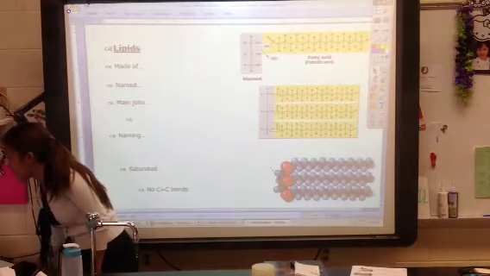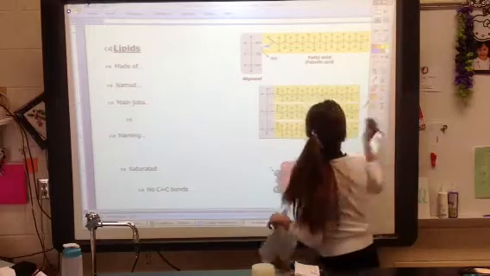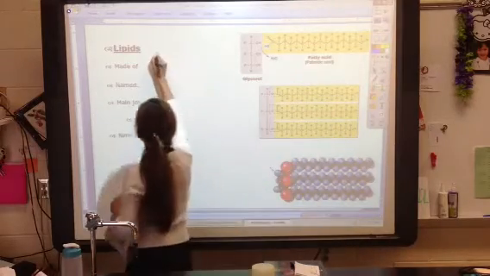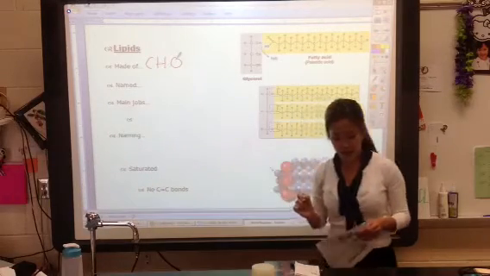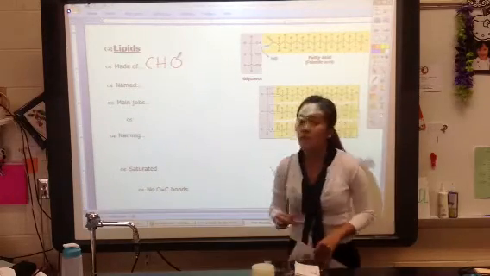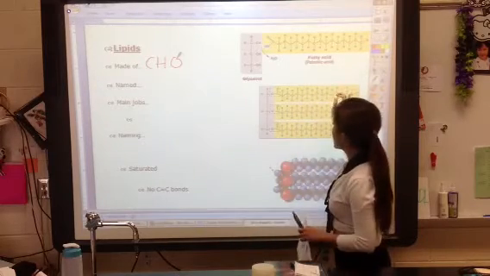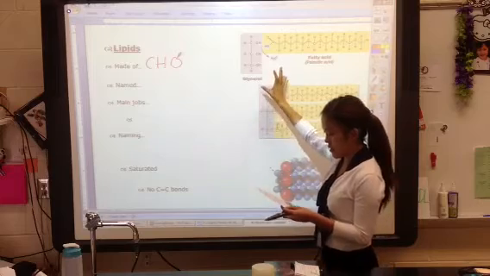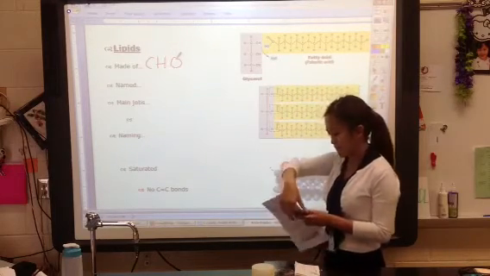So looking at lipids, first thing that we want to remember is that lipids are made of carbon, hydrogen, and oxygen atoms. Okay? Lipids are also known as fats, and specifically we want to look at the monomer of those lipids.